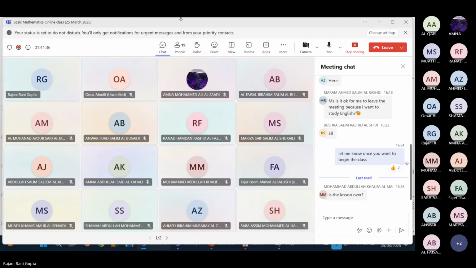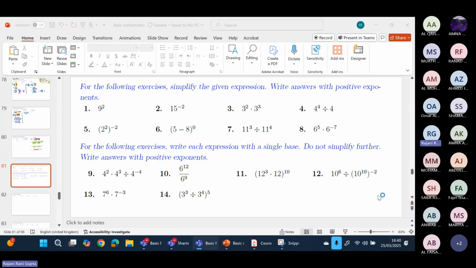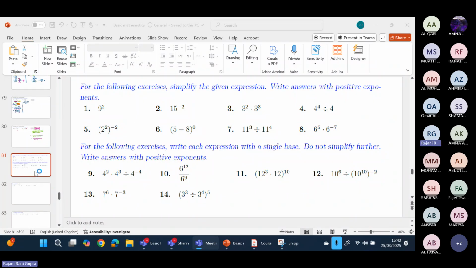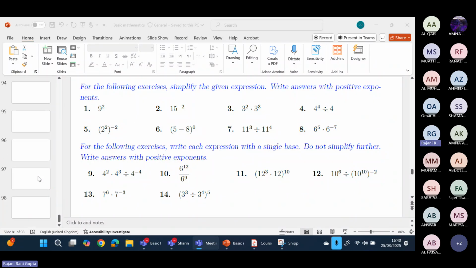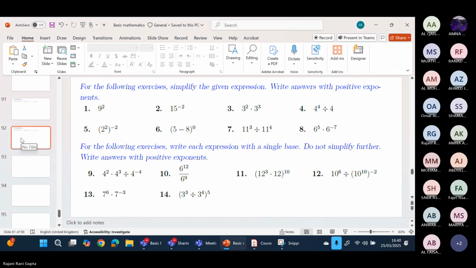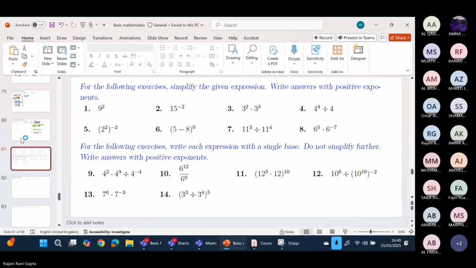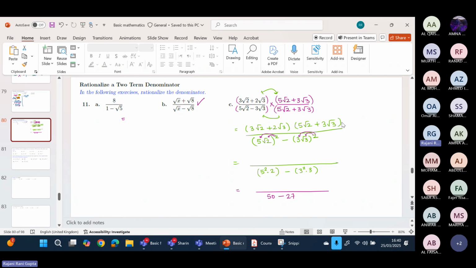Okay, I'm going to teach a quick revision of what we have studied so far. I was going backwards. What I explained lastly is to rationalize.